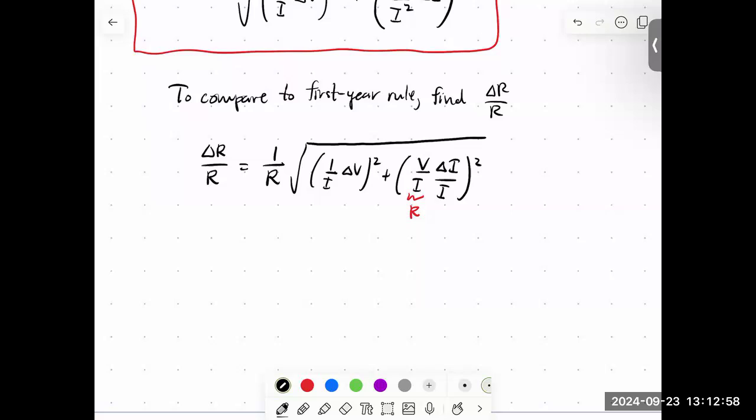So I want to do something similar for the first term. So I'm going to divide by V, and I can do that as long as I multiply by V, right? So V over V is just 1, I can do that. Okay, but if I do that, then I have V over I here. You already told me that that's just R.